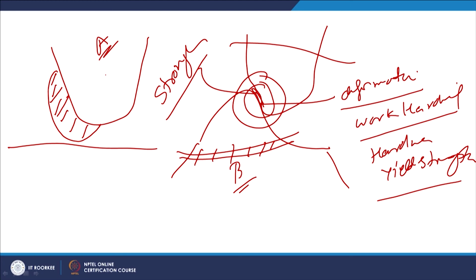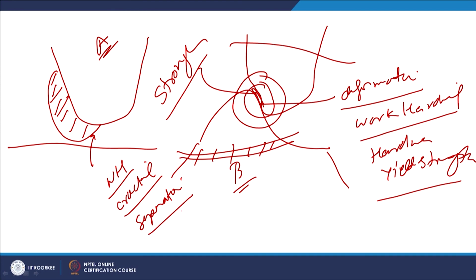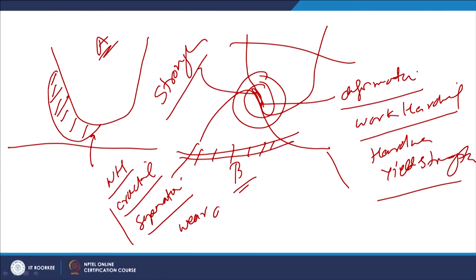So, the continued relative movement and formation of cold bonds will be leading to continuous work hardening, and eventually there will be cracking and separation of such lumps of metal. Whenever such separation takes place due to accumulation of cracks, the particles will be present in the form of wear debris between the two mating components.